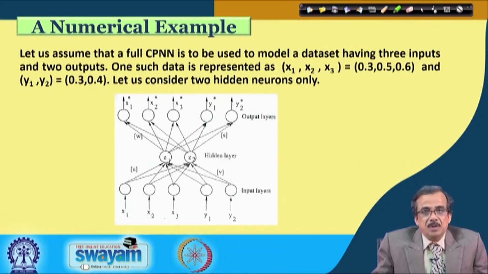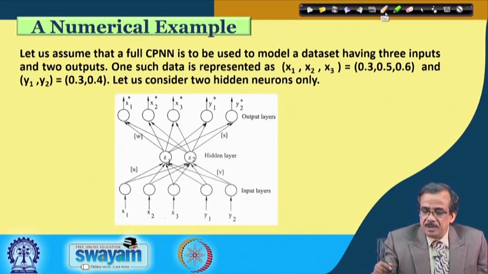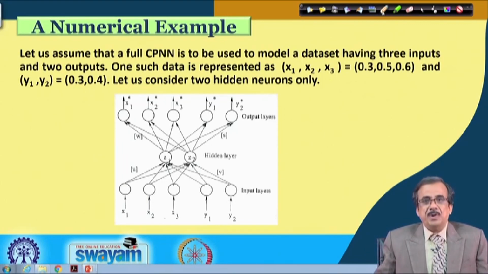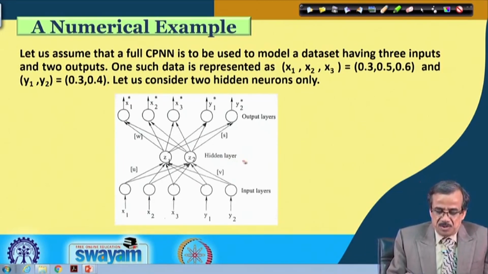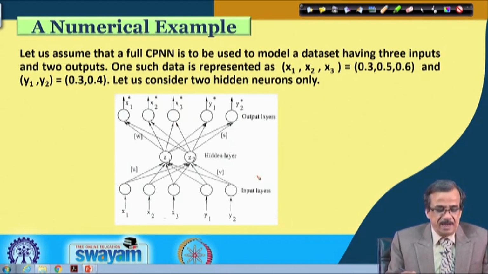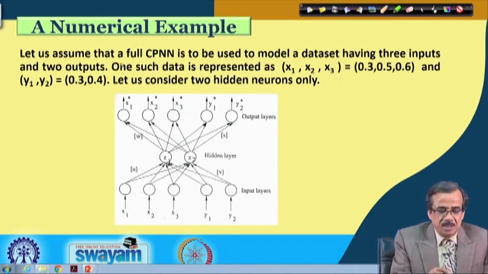Now we are going to solve a numerical example related to a full CPNN. If you see the network which I have already discussed, this is the schematic view of this full CPNN, and let me give you the statement of this particular problem first.